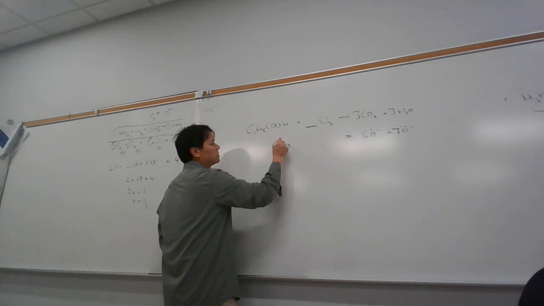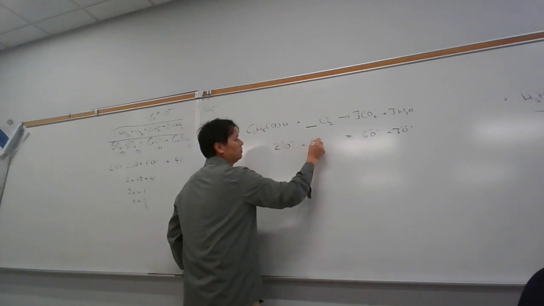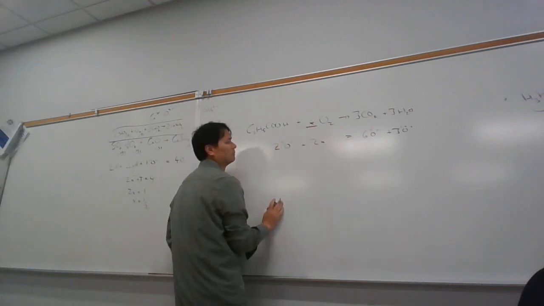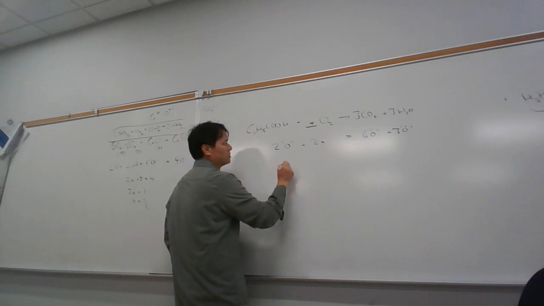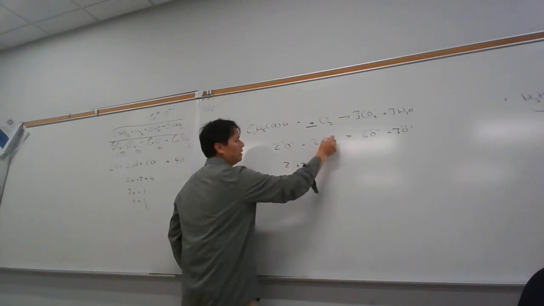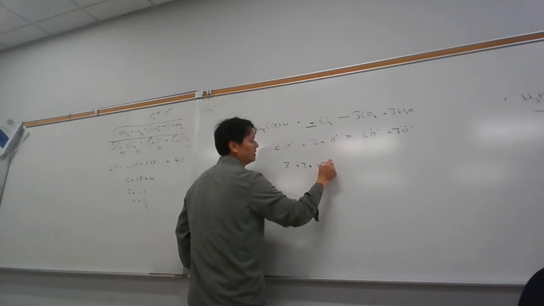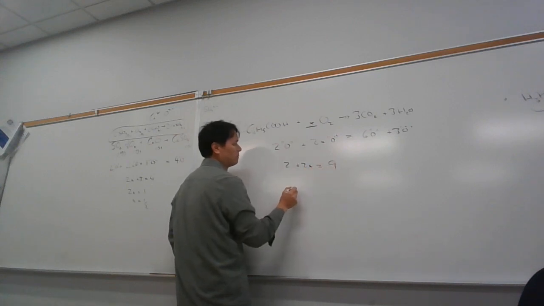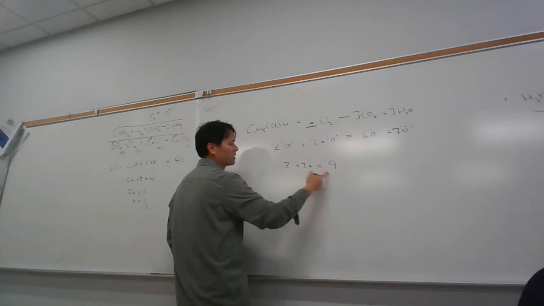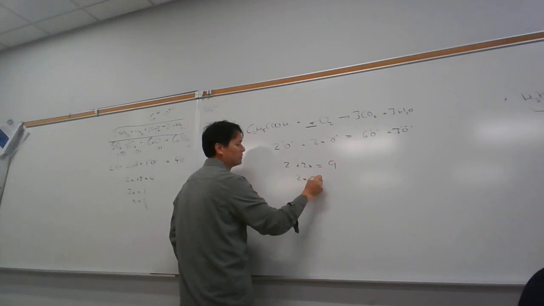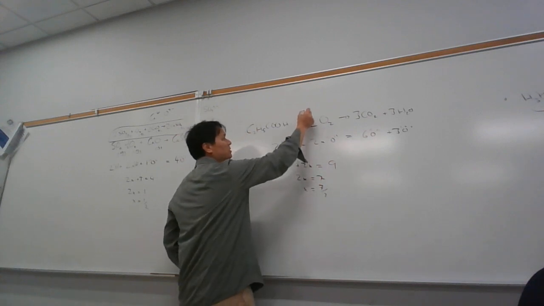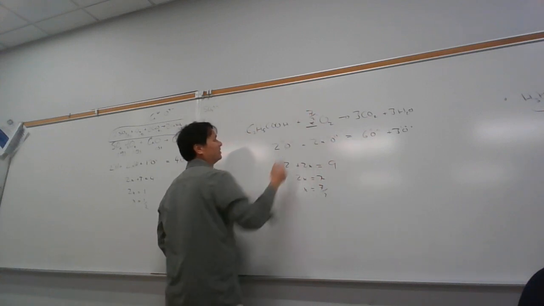So this is going to be 2 oxygens plus 2x. And so I'm going to get 2 plus 2x oxygens is going to equal 6 plus 3 is 9. So subtract 2 from both sides. I'm going to have 2x is equal to 7, and then x is equal to 7 halves. And so this should be 7 halves oxygen here.